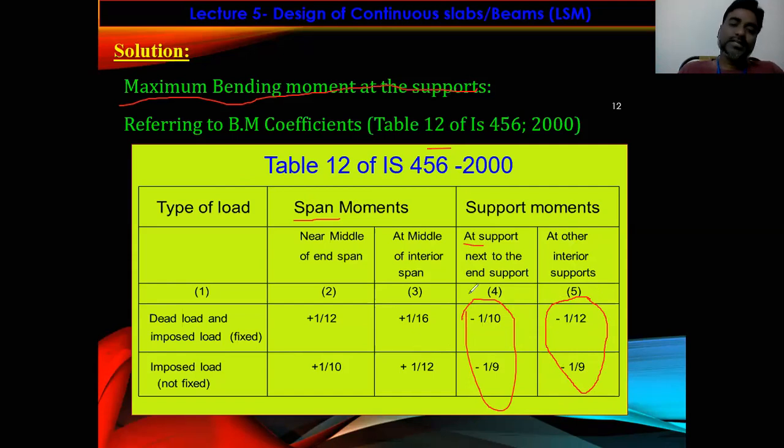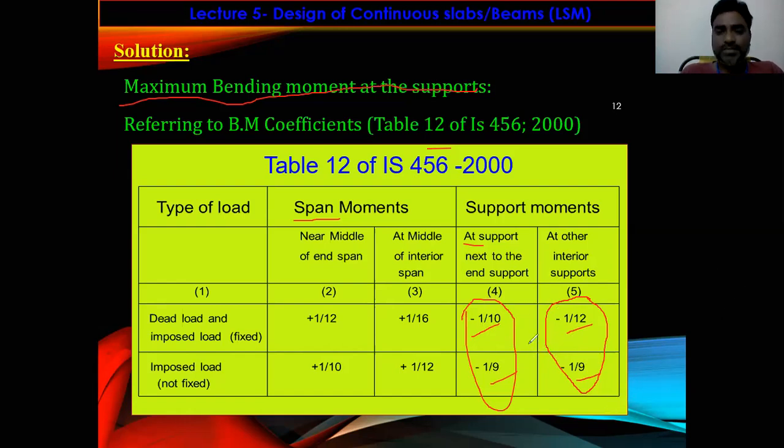Another way is, by just observing these factors, you can easily identify where you will get the maximum bending moment. See, the load in both cases is the same, and the effective span is the same. The only change is these factors, right? So from the factors, you can easily identify where you will get the maximum bending moment, to save time. There is no need to calculate for all the supports.